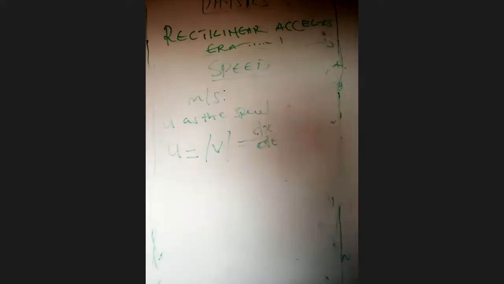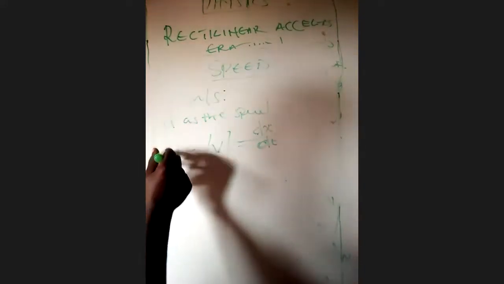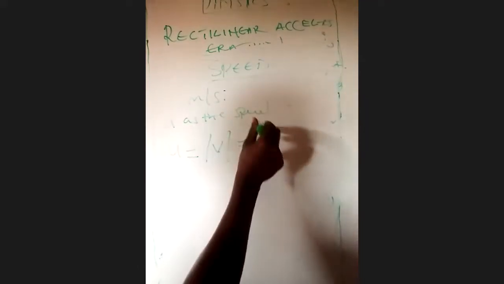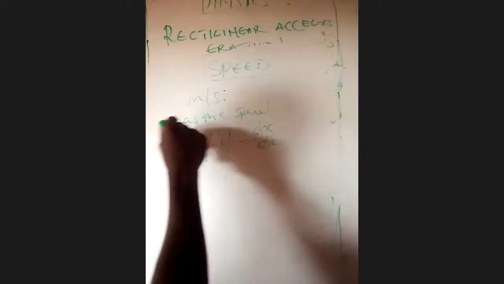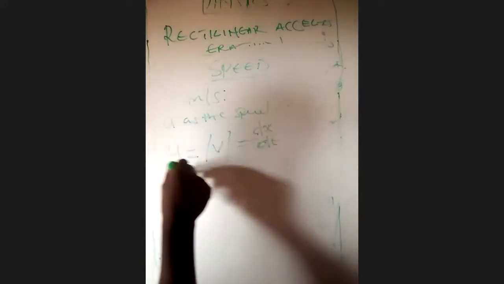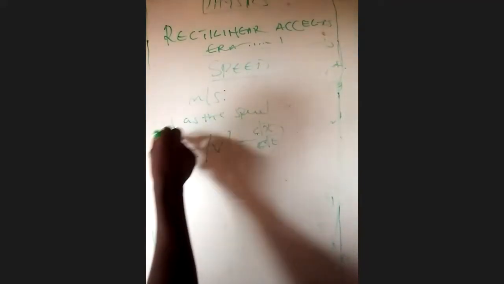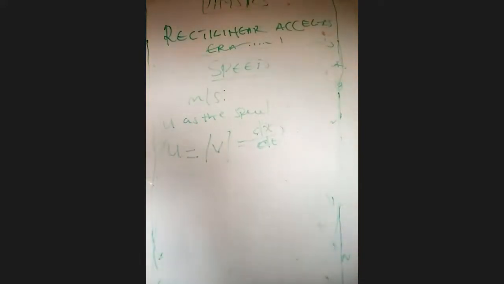So the magnitude of the velocity is the instantaneous velocity, which is the instantaneous speed. This is the absolute value of ds/dt. Take note of these two. That is speed.